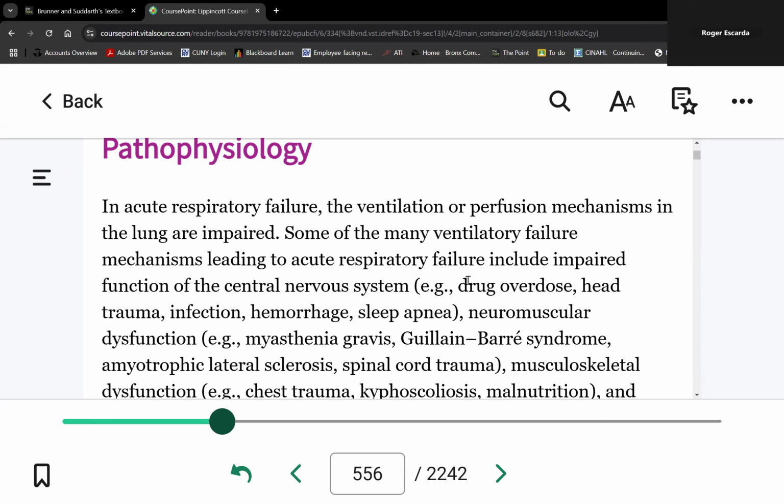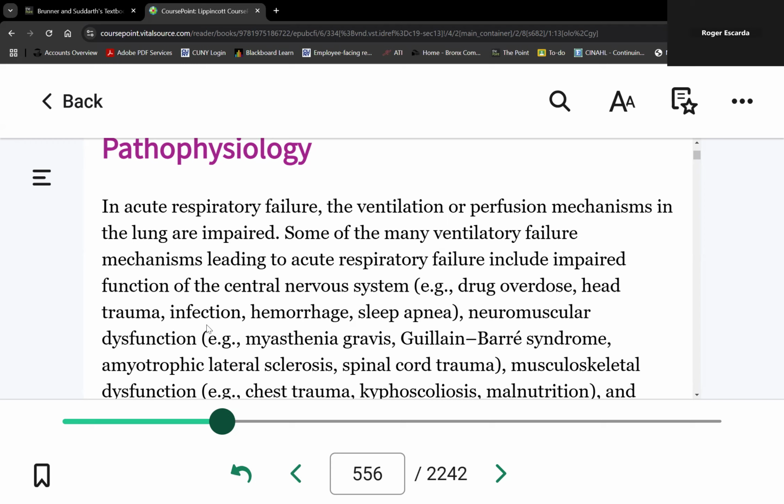So if it's hypercapnic, you have drug overdose, head trauma. Why head trauma? Because what happens again when you have head trauma? There's brain herniation, right? Because of increased ICP. So the brain stem is pushed out, respiratory rate drops, right? Consciousness drops. Do you see the point? Yes. Okay. So you don't have to memorize.